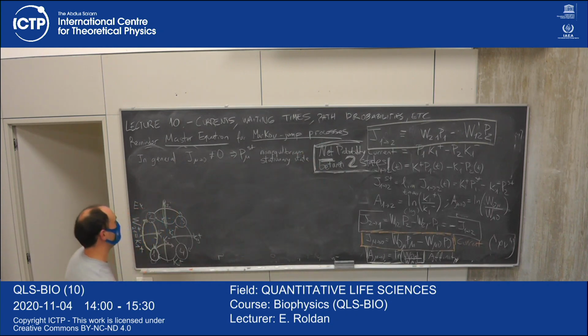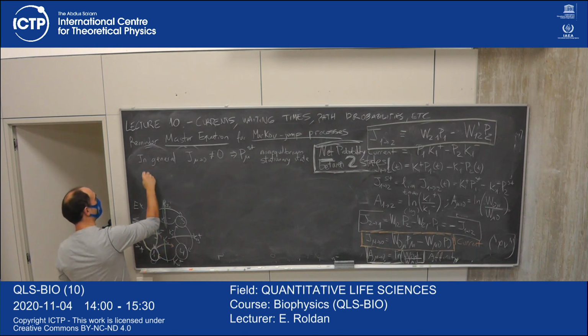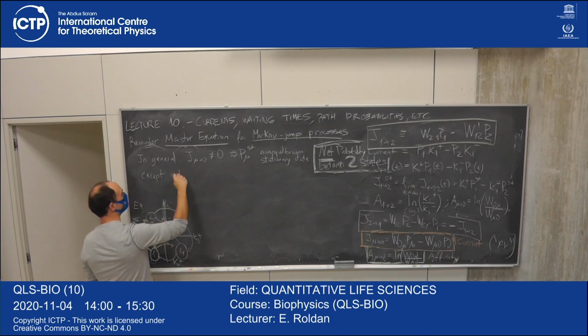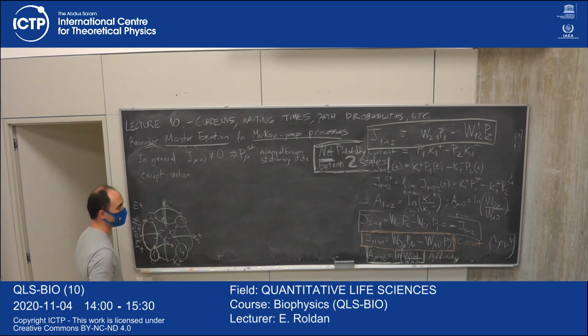This is in general, but there is a very specific case, except when the following condition happens. This is called the Kolmogorov condition, and it tells you the following: the product of the clockwise rates has to be equal to the product of the counterclockwise rates.